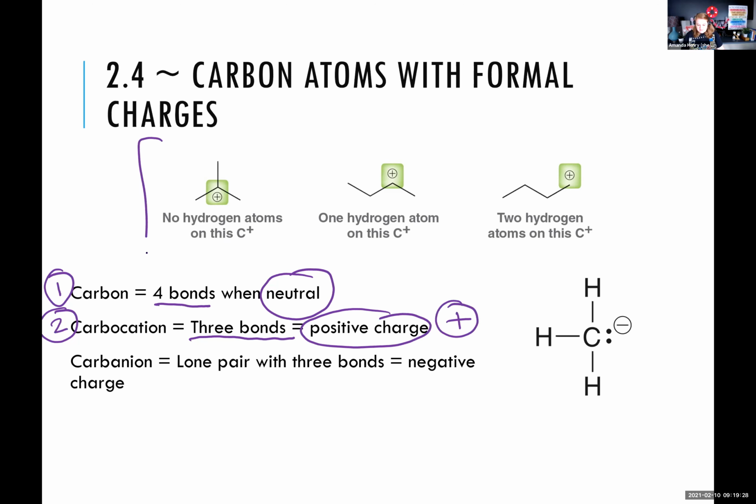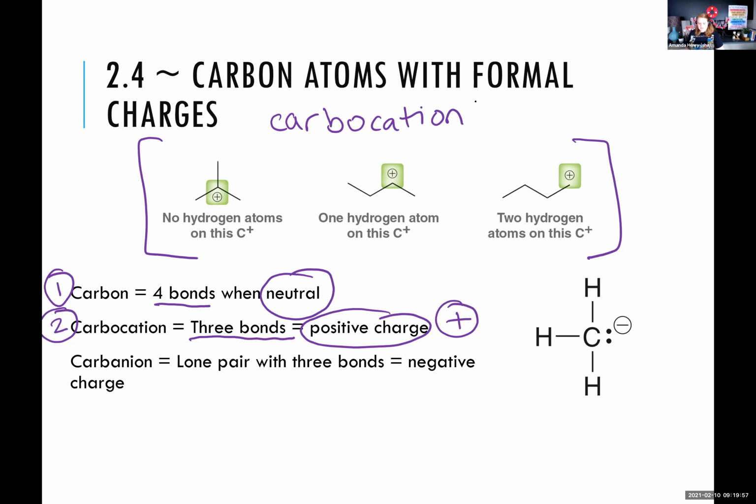All of the examples up here are positively charged carbons, and a positively charged ion is a cation. The way I always teach my students is that cations are positive because cats have paws. When we put carbon and cation together, these are called carbocations.